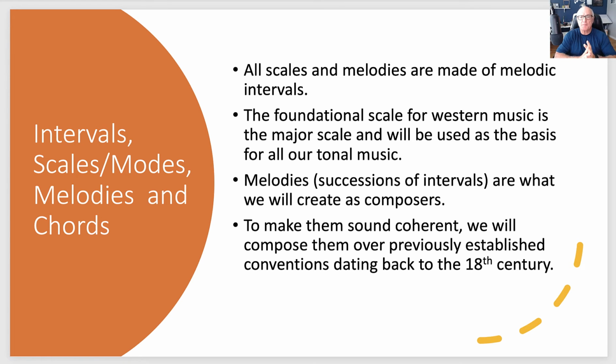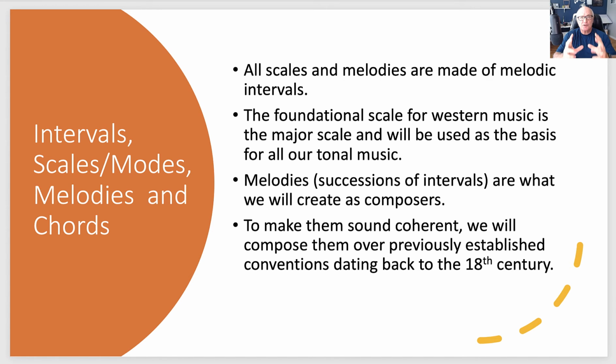Now all scales and melodies are made of melodic intervals. The foundational scale for Western music is the major scale, and will be used pretty much as the basis for all our tonal music. Melodies, which are successions of intervals, are what we will create as composers.